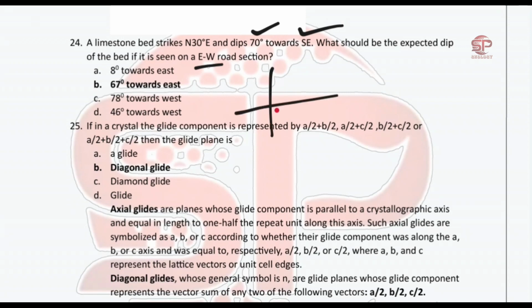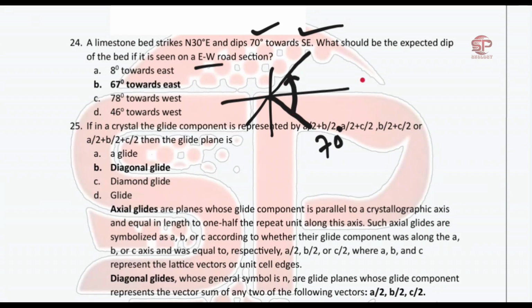So if you see this section, this is your strike direction, this is the true dip direction. So in the true dip direction the dip is 70 degrees. As you go from the true dip direction towards the strike direction, the dip will decrease. But it will not decrease down to 8 degrees in the east direction.